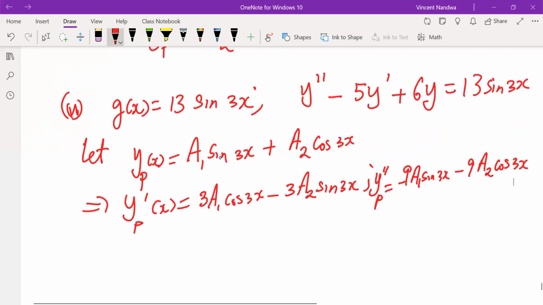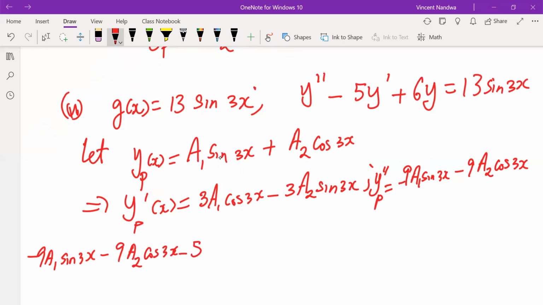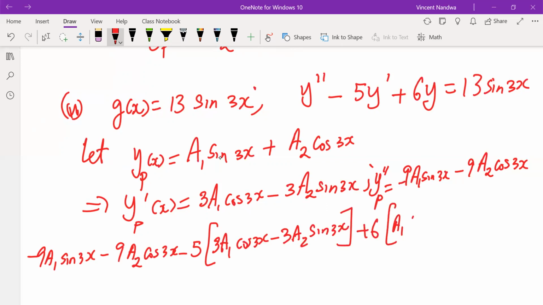Replacing, we'll get minus 9a1 sine 3x minus 9a2 cos 3x minus 5 into yp prime. Yp prime will be the same as 3a1 cos 3x minus 3a2 sine 3x, plus 6 times yp, a1 sine 3x plus a2 cos 3x.